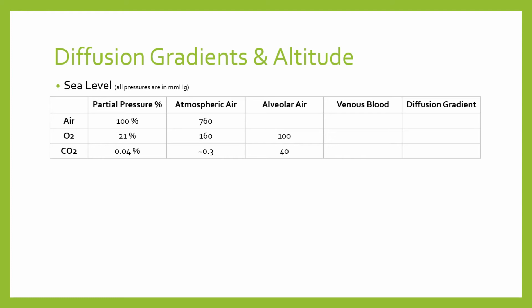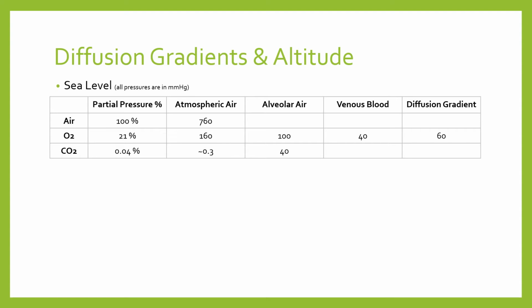So in the venous blood, the partial pressure of oxygen is 40 millimeters of mercury. In the alveolar air, it's 100 millimeters of mercury. That's the partial pressure of oxygen. And in the venous blood at sea level, remember, it's 40 millimeters of mercury. So we have a diffusion gradient, a difference between those two, of 60 millimeters of mercury.